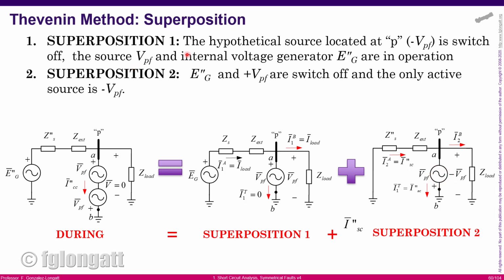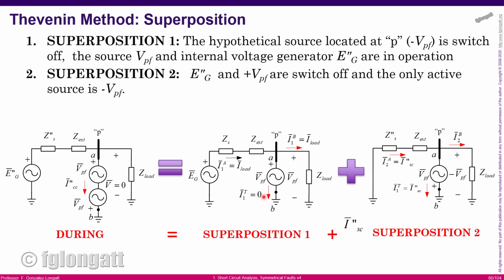Superposition 1 is basically keeping on the generator and this voltage source over here, that is the voltage source having positive polarity and the same voltage as previous to the fault. That means the current that is moving here is zero.